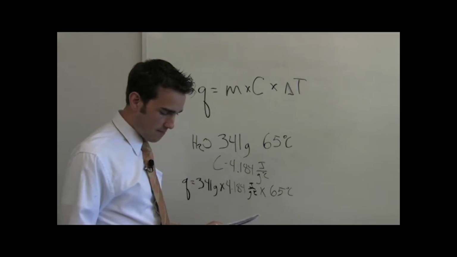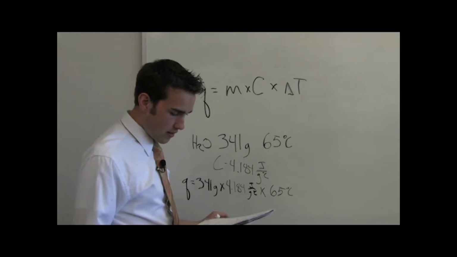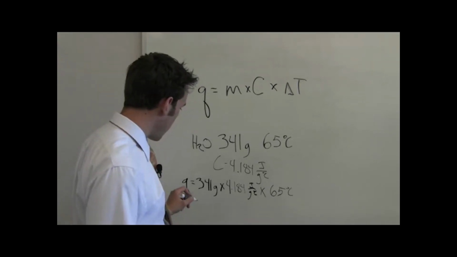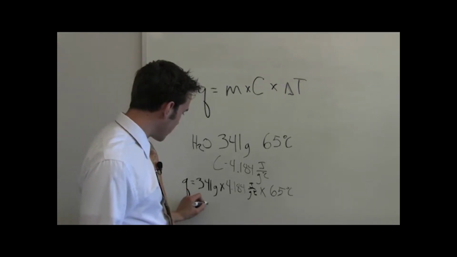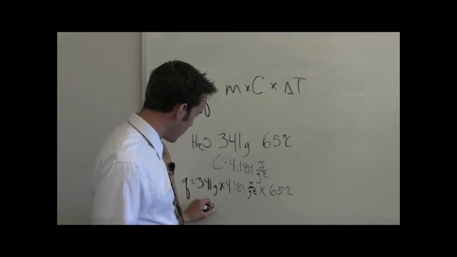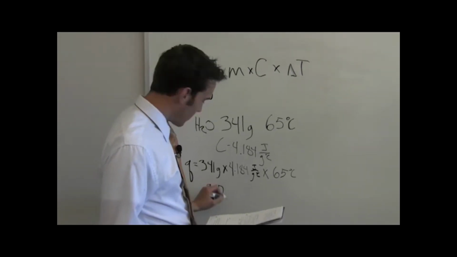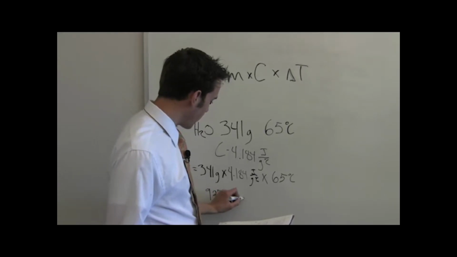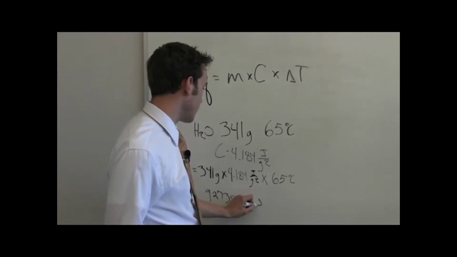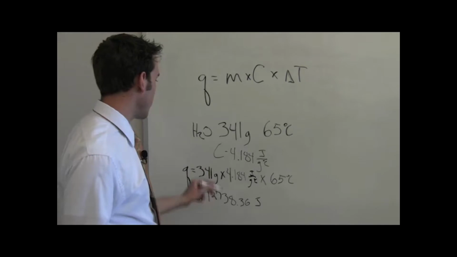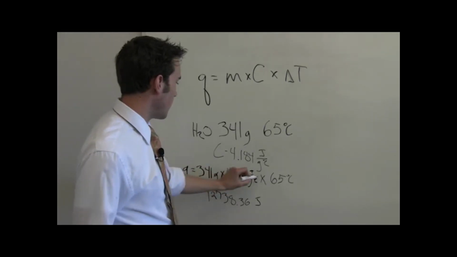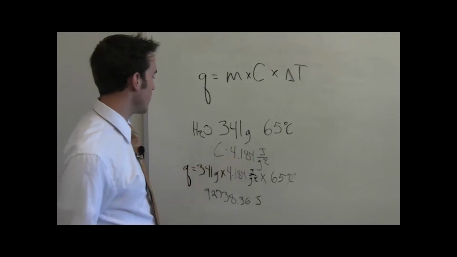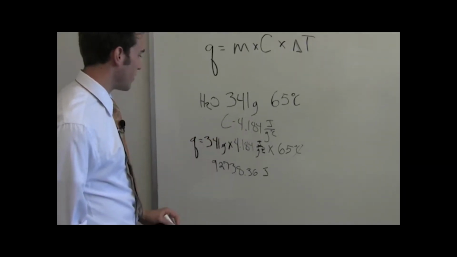And once we do that, the result comes out to be 92738.36 joules, because these units will cancel through the process, and so we end up with joules, which is the units of heat.